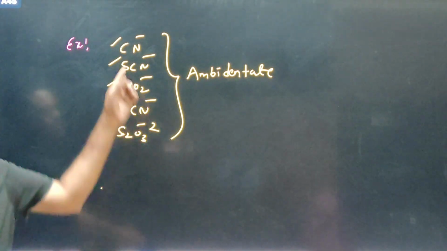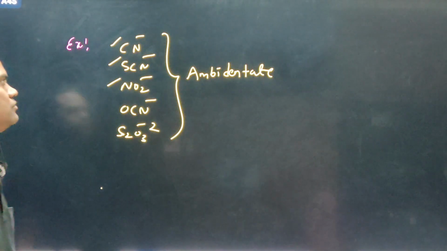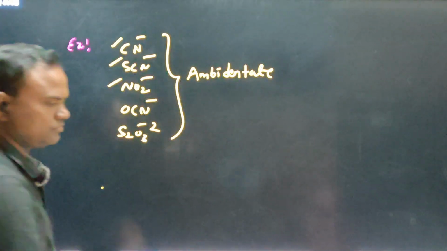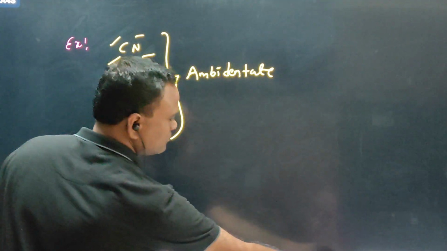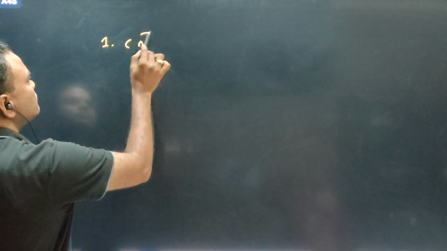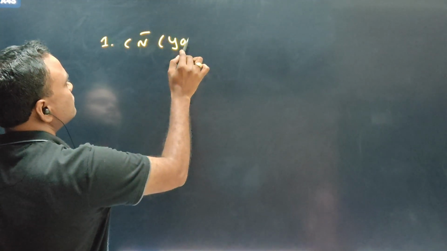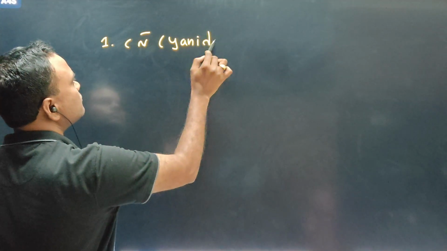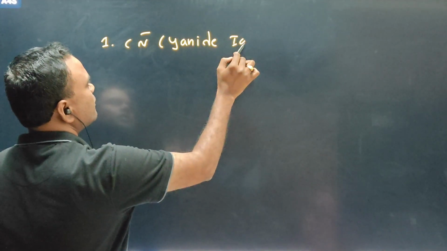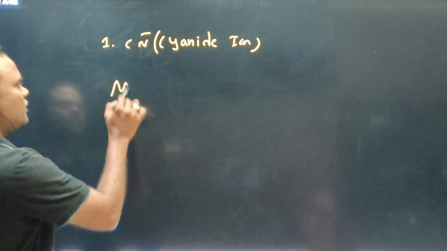Alright, let us take the first one. What is its name? Cyanide ion. This is the central metal atom.